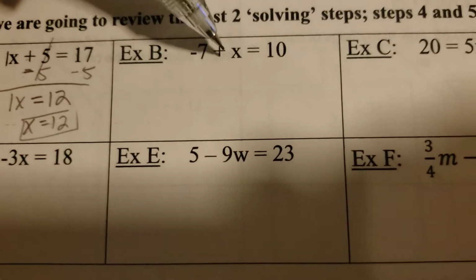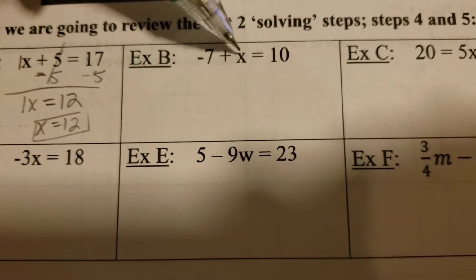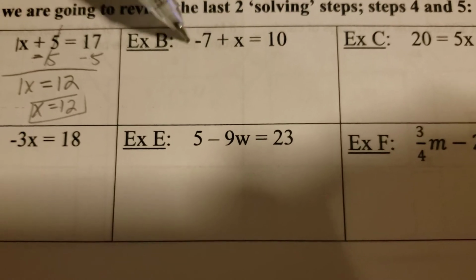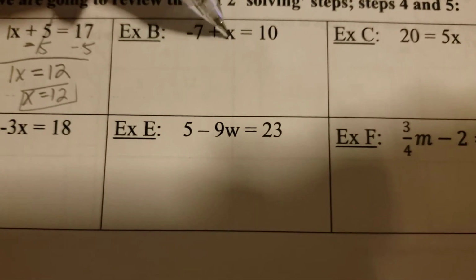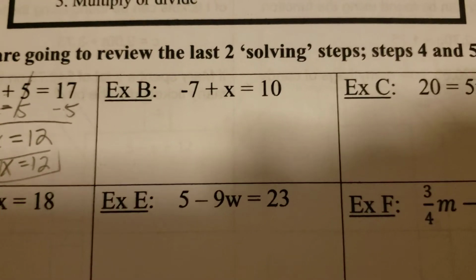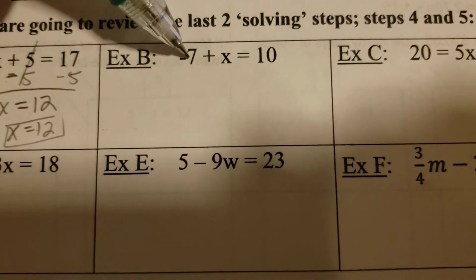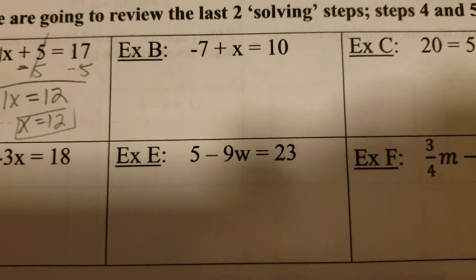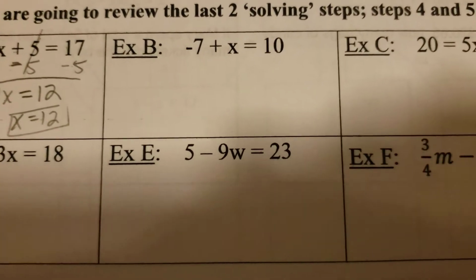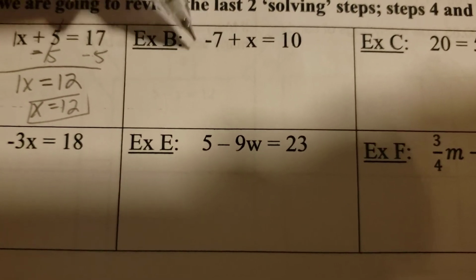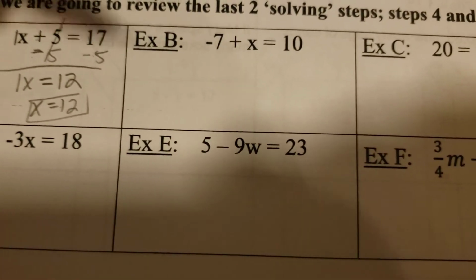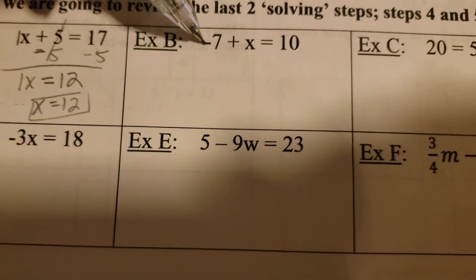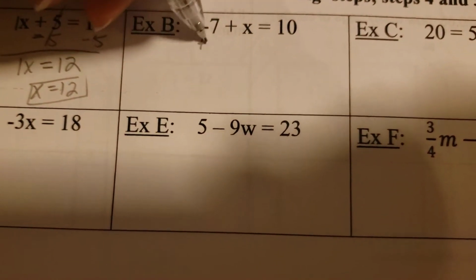All right, next example here. Again, you want to keep the x where it is and move any of the friends that are on the same side as it to the other side, because basically anything with an x in it, you pretend like those are couples. Anything that's just a constant, those are singles. So couples stay with couples and singles stay with singles. So we need to move this -7. Again, we have to do the opposite. So what is the opposite of -7? +7.